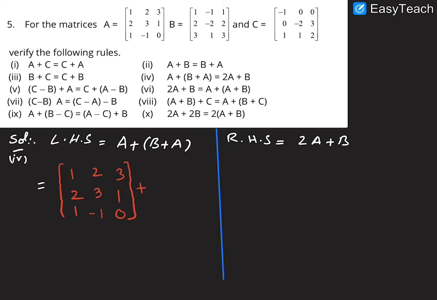What is B plus A? You can add both. So 1 plus 1, 2, minus 1 plus 2 is 1, 1 plus 3 is 4, 2 plus 2 is 4, minus 2 plus 3 is 1, 2 plus 1 is 3, 3 plus 1 is 4, 1 minus 1 is 0, 3 plus 0 is 3.